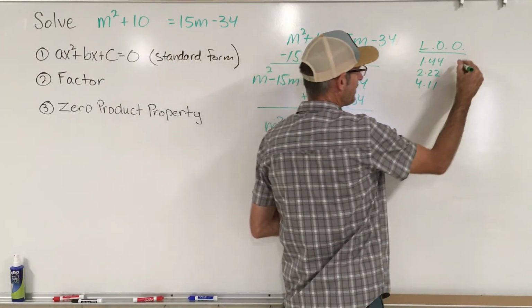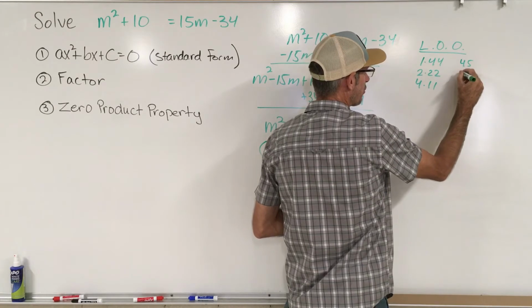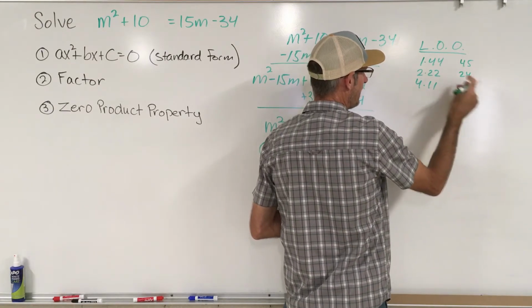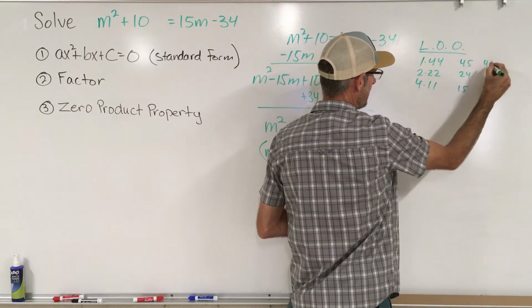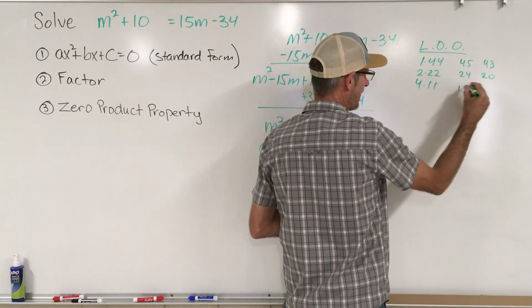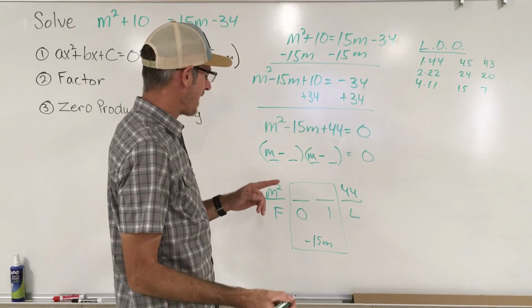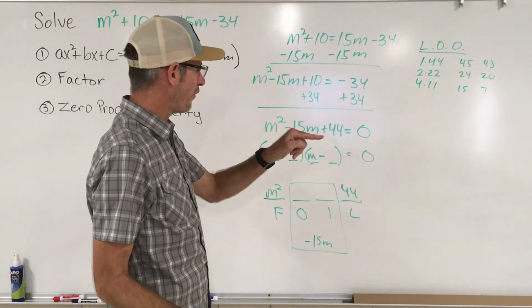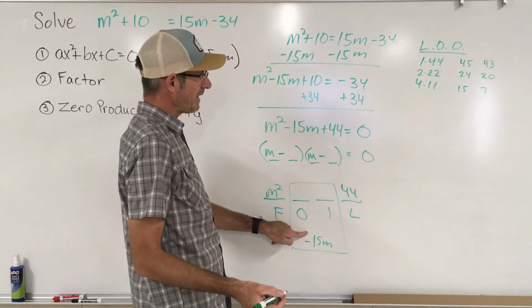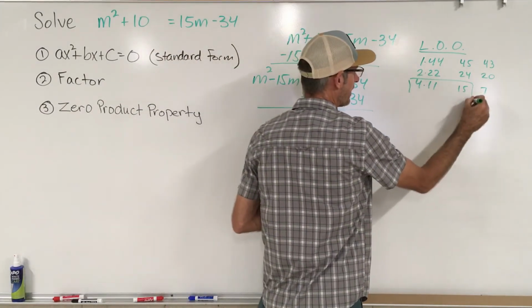So if I add all these, I'll have 45, 24, 15. If I subtract them all, that's 43, that's 20, and that is 7. So it looks like the combination that I need that multiplies to 44, but adds up possibly to negative 15 is this one right here.